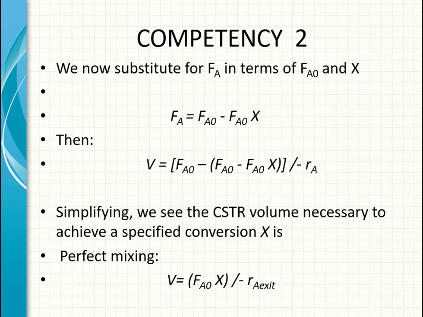Simplifying, we see that the CSTR volume necessary to achieve a specified conversion x, when there is perfect mixing, is V equal to Fa0 times x divided by -ra, where the rate is evaluated at the exit, because in a perfectly mixed CSTR the rate is the same at all points of the reactor. That's something that we must remember.